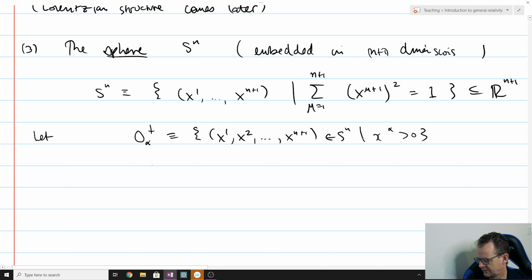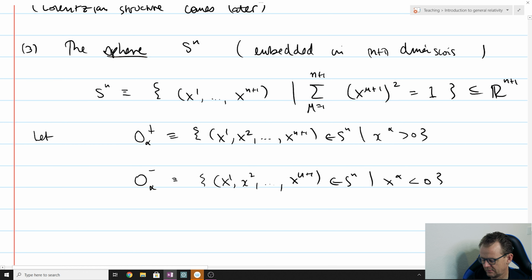So let's define the following 2(n+1) sets. What you do is you take the alpha coordinate, you take all the points inside the sphere with the alpha coordinate bigger than 0 or less than 0, and you call those two sets O alpha plus and O alpha minus.